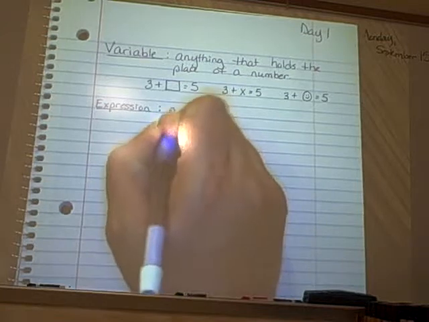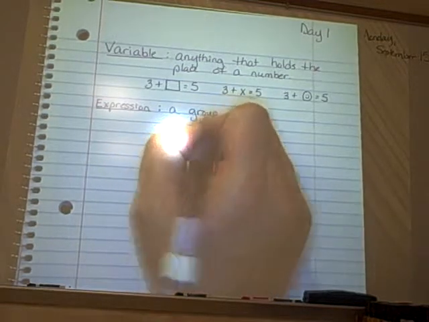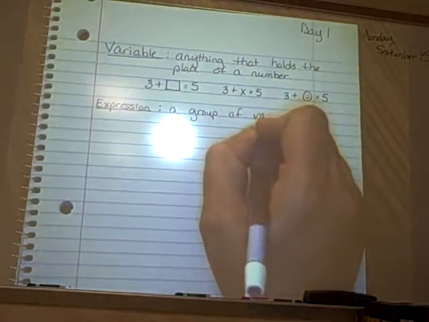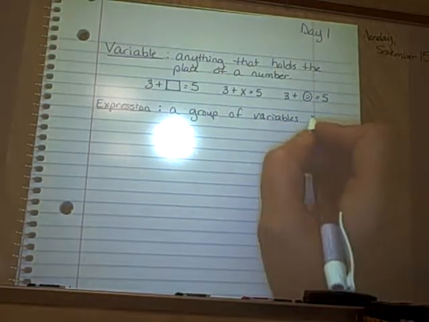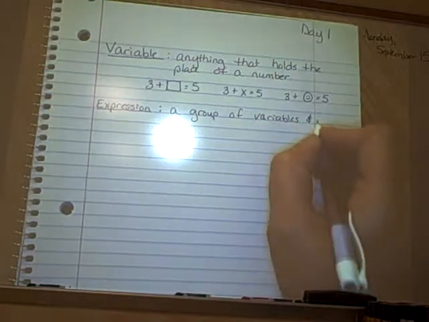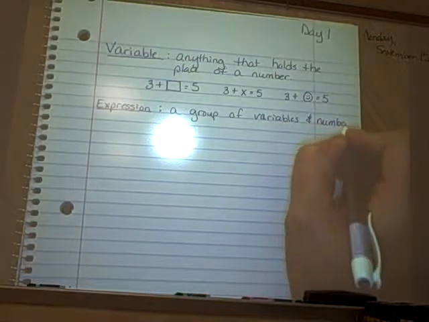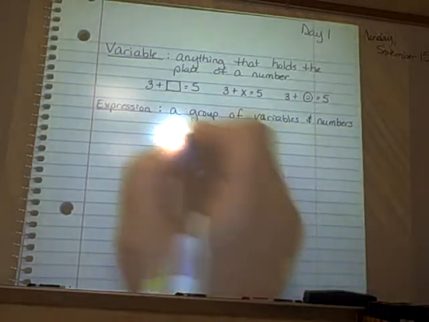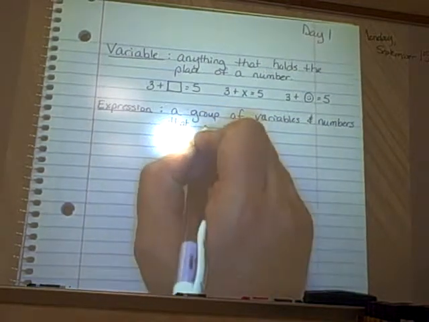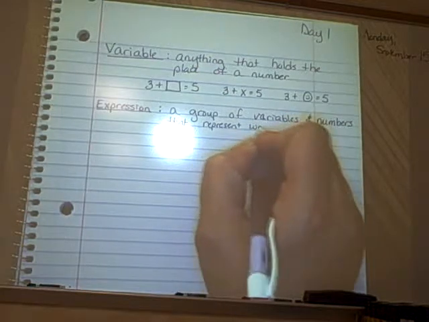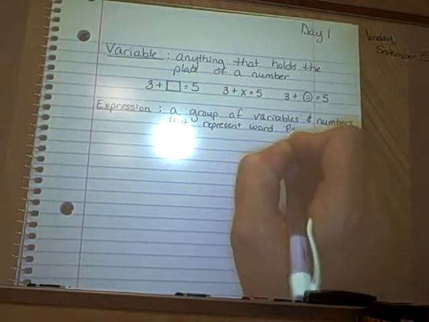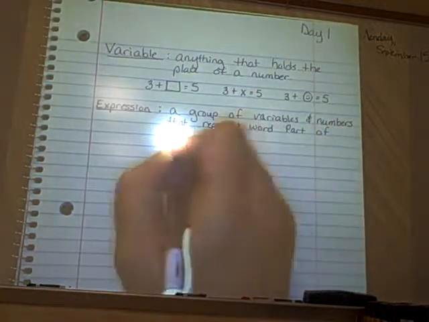So it's a group of variables and numbers that represent words. It's part of an equation.